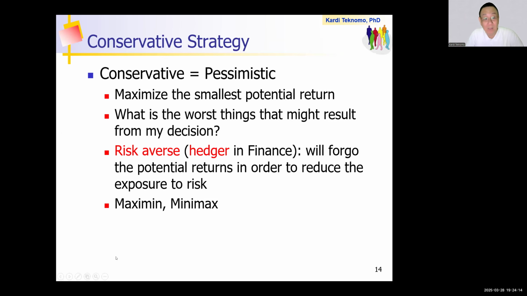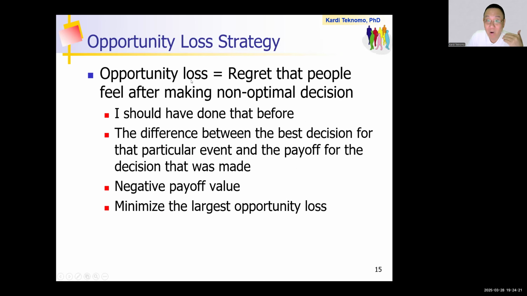Okay. The third type of decision maker is the opportunistic. They want to minimize the regret. How often do you regret your decision? Then you can use this. Opportunity loss represents the regret that people feel after making a non-optimal decision. So you will say, I should have done that before.